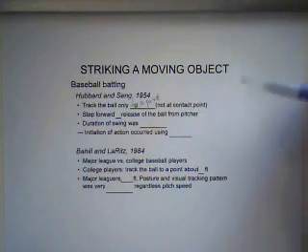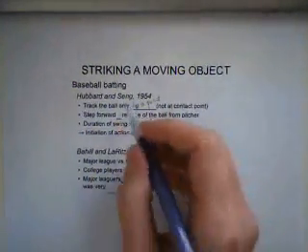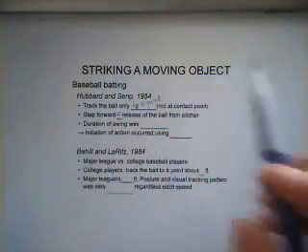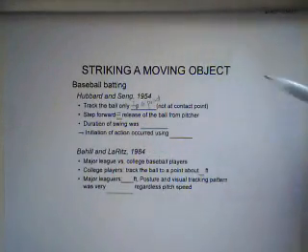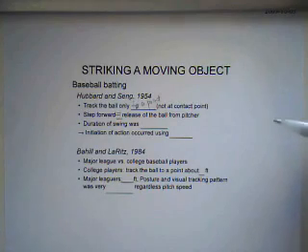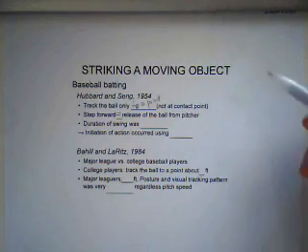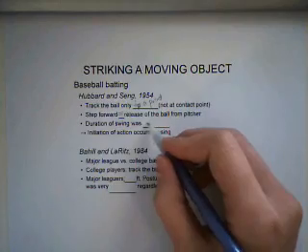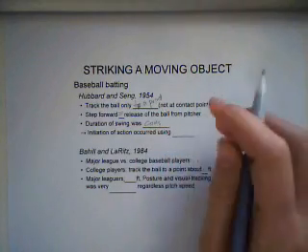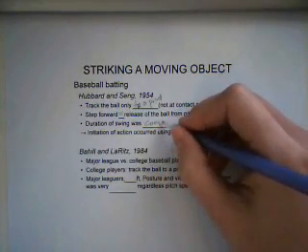What they additionally found out was that the stepping forward motion was synchronized with the release of the ball from the pitcher, and also the duration of the swing was consistent across the batters.